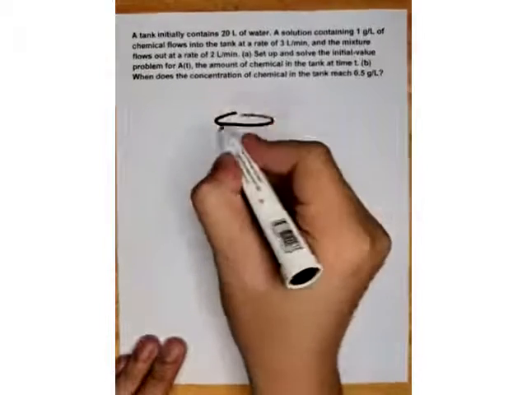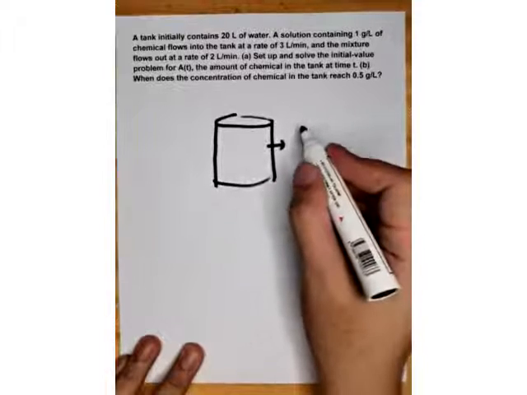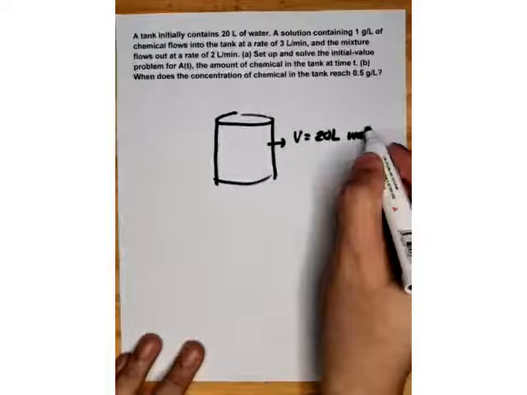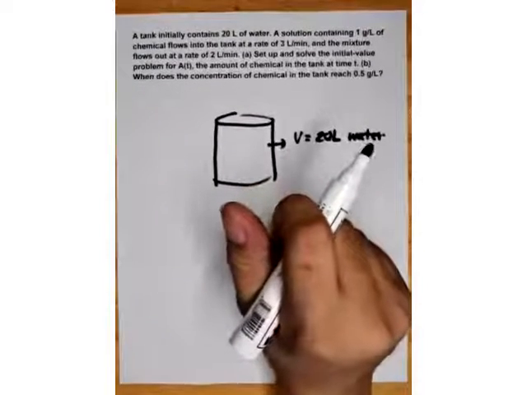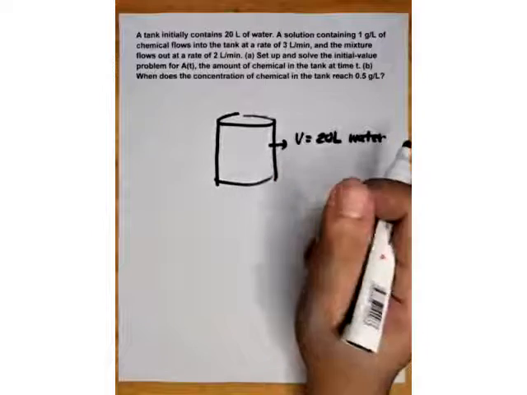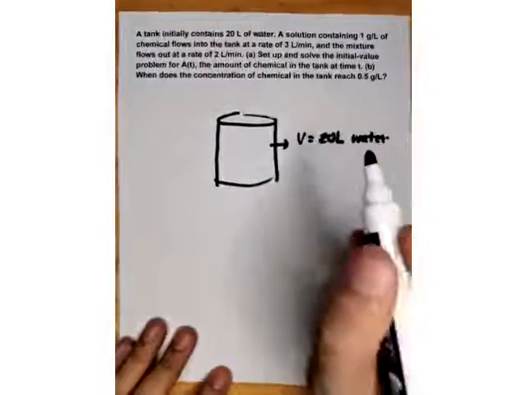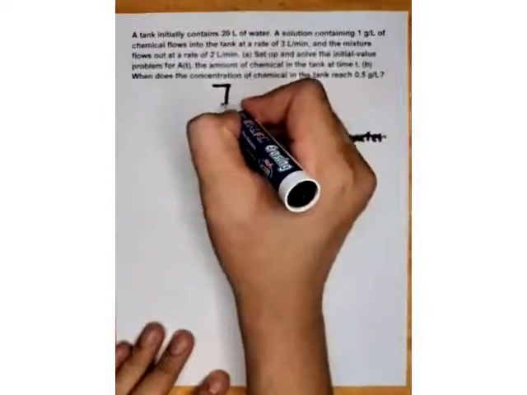So we have a tank, and this contains volume of 20 liters of water. So that means the tank only contains water, no salt, no other chemical. It's purely water. And then a solution containing 1 gram per liter of chemical flows into the tank at a rate of 3 liters per minute.